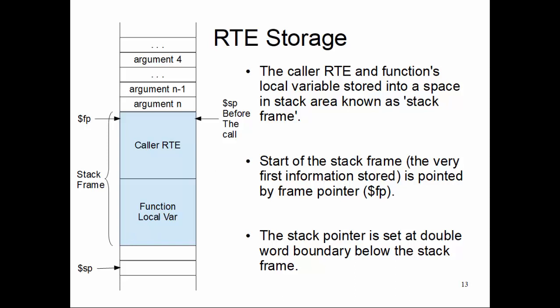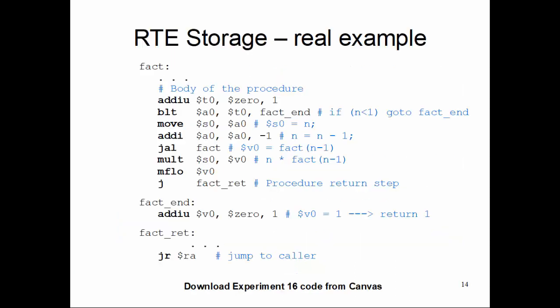Now let's look at this factorial example, a high level recursive example, and how we can implement it at the low level. If you see this factorial, let's say we commented the argument in A0. We are passing the value to make a factorial of in the A0 register, and the result is returned in V0.